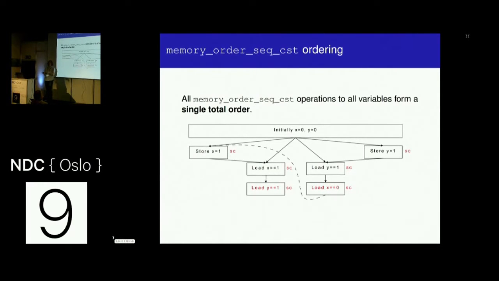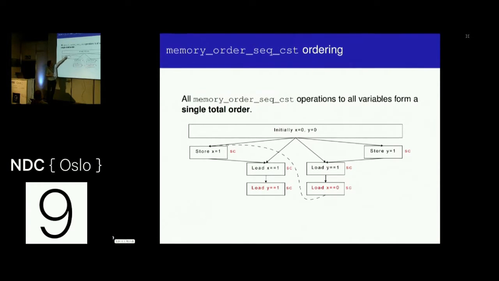And that's what we get with sequentially consistent operations, some single global total order of all our operations across all our threads. Obviously you don't know in advance what that order is going to be, but when you look at your variable operations and the values you get, you will be able to construct that order. The compiler and the processor and the runtime work together to ensure that there is such an order, and then you can reason about it.